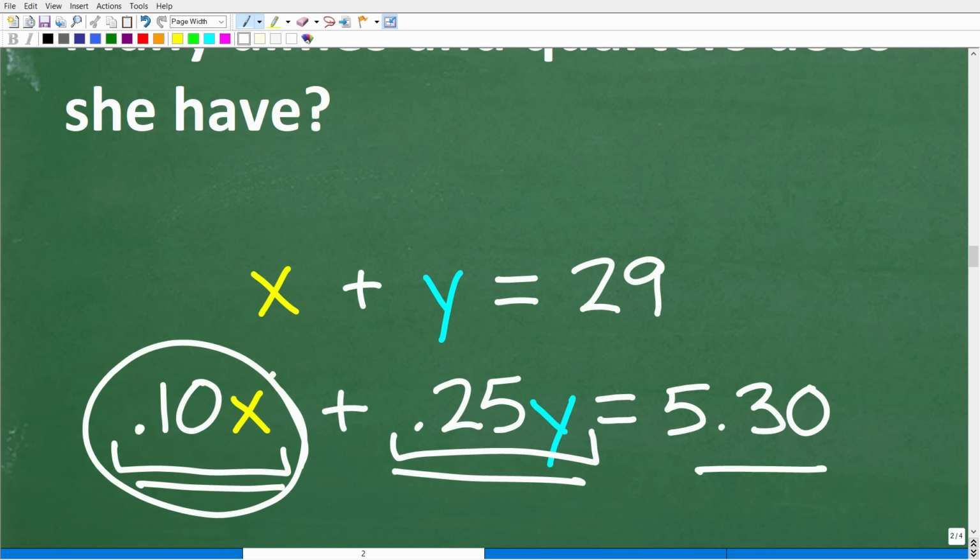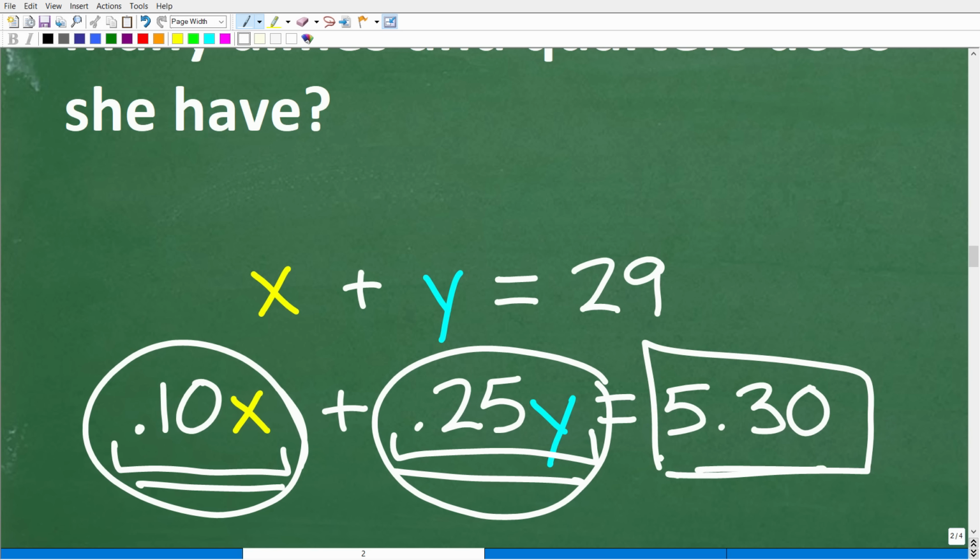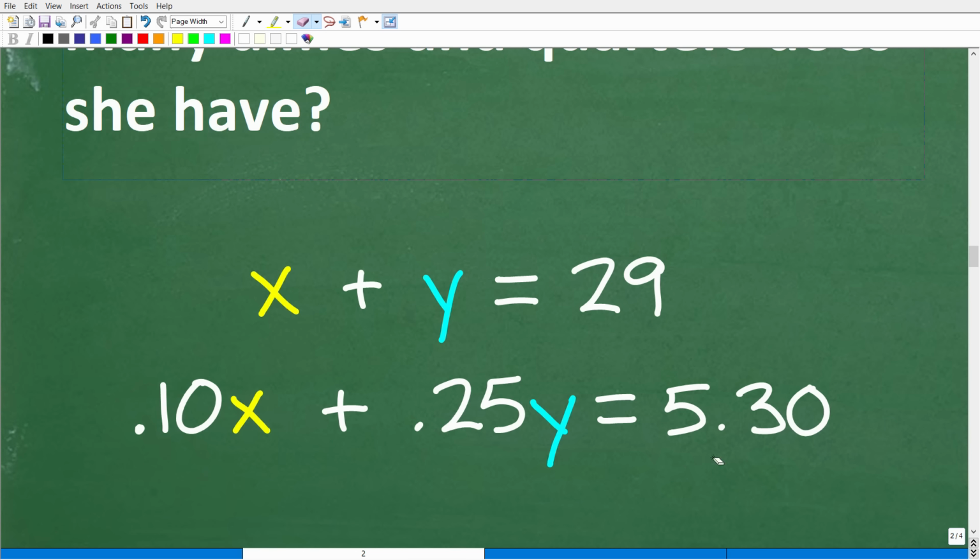So the total value of the dimes and the total value of the quarters is equal to $5.30. Okay, so we have two equations here, and for those of you that know a thing or two about algebra, you should recognize that what we have is what we call a system of linear equations. Now to be precise, this is a two-variable linear system, but this is the type of stuff that you study like in first year algebra. Okay, so really at this point it comes down to your ability to solve this system.